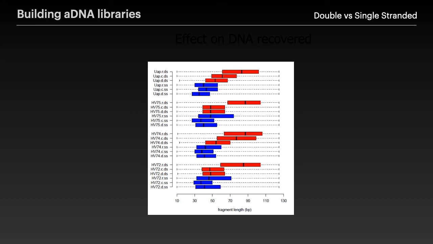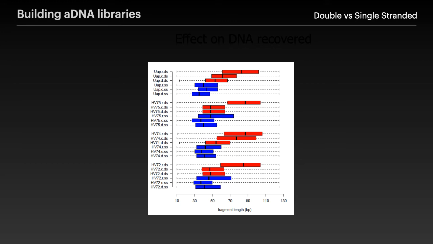Again, this is the last graph of the presentation, and we see the cumulative effect of using combinations of different library and extraction protocols per sample. First is the sample code, the prefix, and then the extraction method, R for Roland, D for aDNA, C for the combination of the two, and then double-stranded or single-stranded library. The single-stranded libraries are in blue, and the double-stranded libraries are in red.